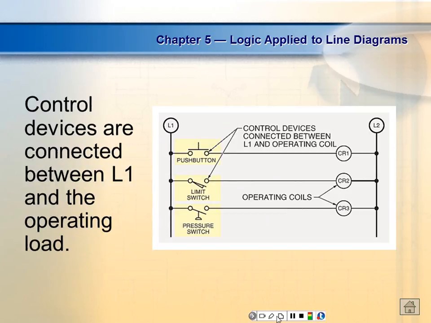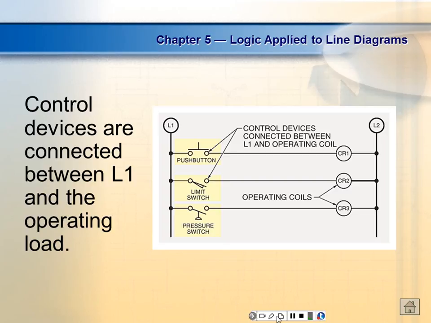Control devices are connected between L1 and the load. So all our control devices go in. Now, how many control devices can we put in a line? A lot. Right? You understand? We can put them in parallel, we can put them in series. So the control devices are not what we're concerned with.